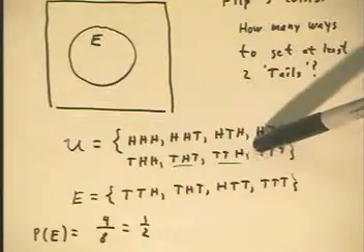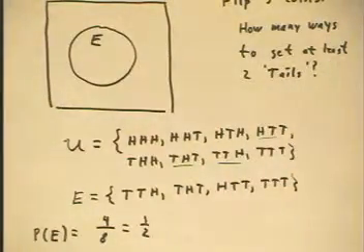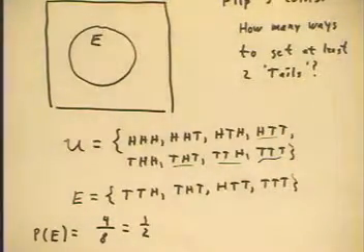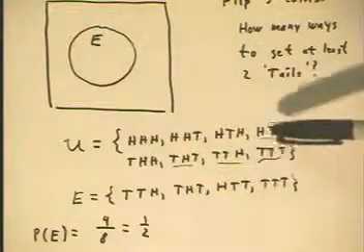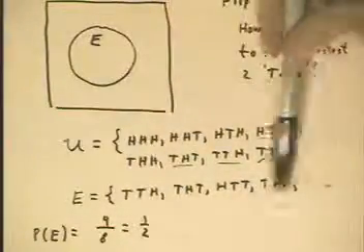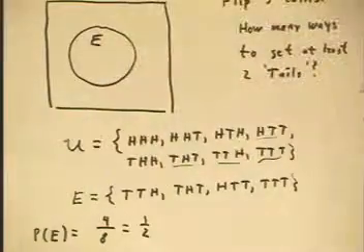I've underlined them lightly: heads, tails, tails; tails, heads, tails; tails, tails, heads; and of course tails, tails, tails, which for some reason I didn't underline previously. These are the occurrences that are favorable to the event, so those occurrences put together into a set comprise your event.